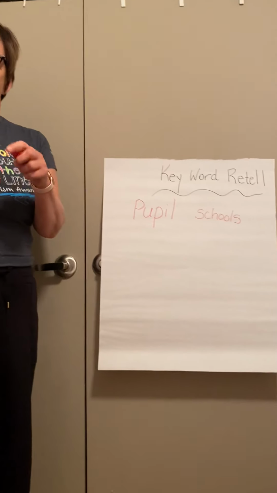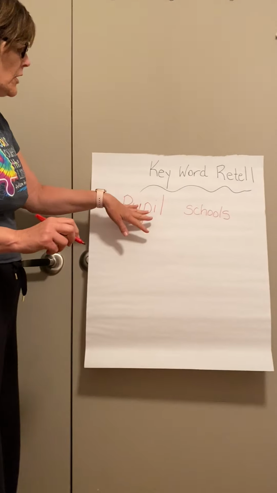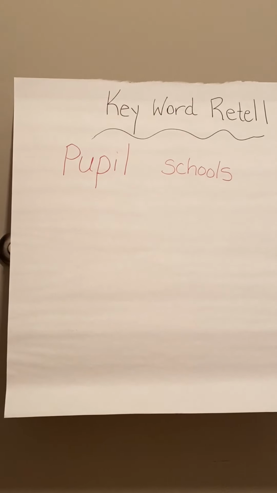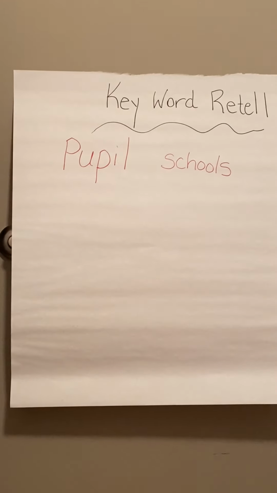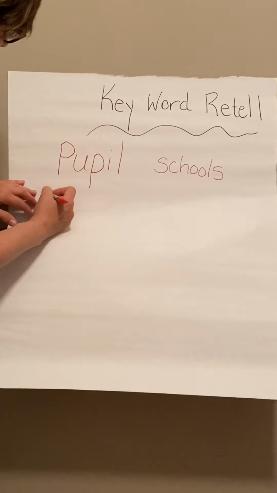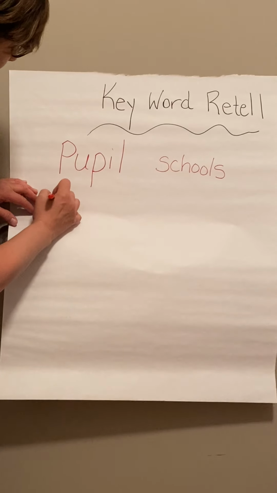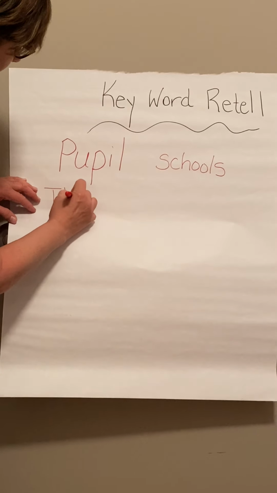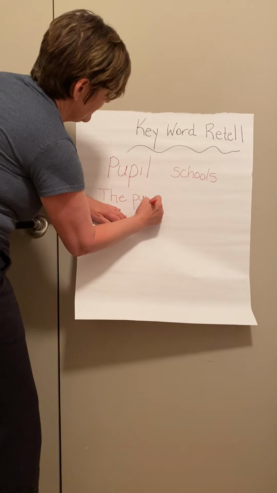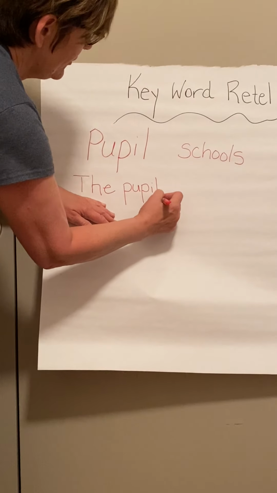Let's write our sentence. I'm thinking, I hope this is what you were thinking, that the pupil allows the four-eyed fish to hunt below the water and to watch out for predators above the water. Is that what you were thinking? Okay. So I'm going to use this word in my sentence. Maggie's leaving. Don't leave me, Mags. I need your help. The pupil. Oh, good. She's going to stay.